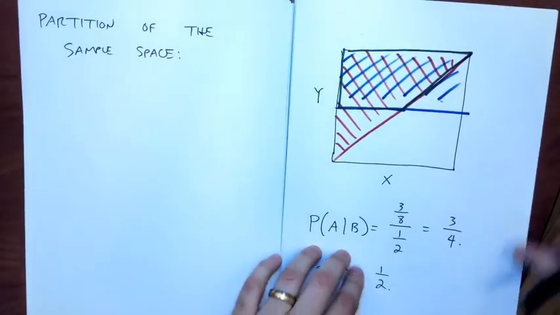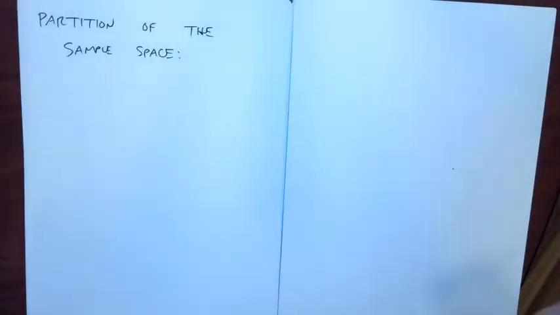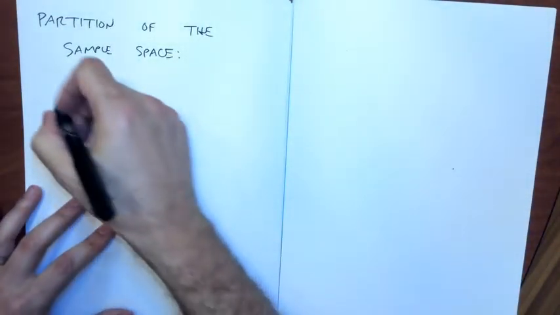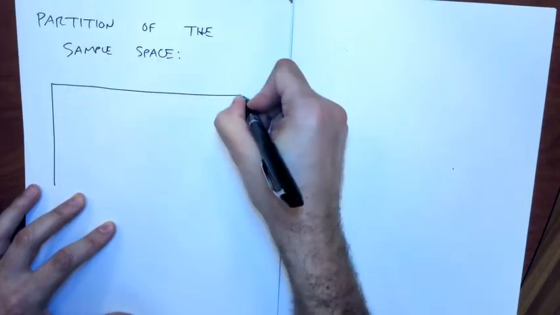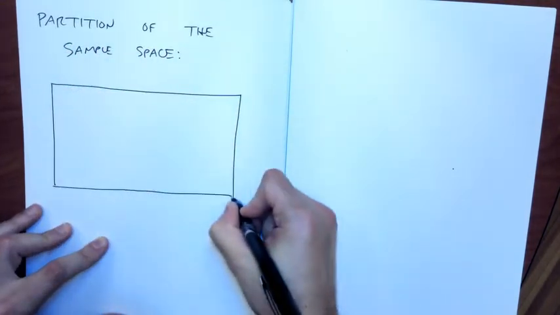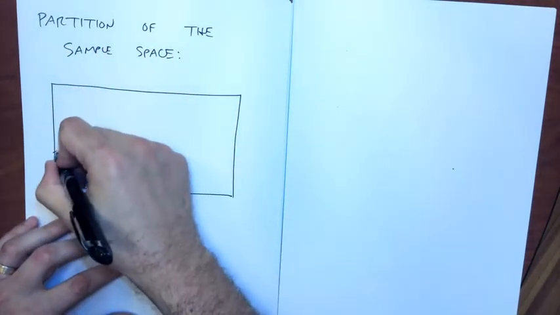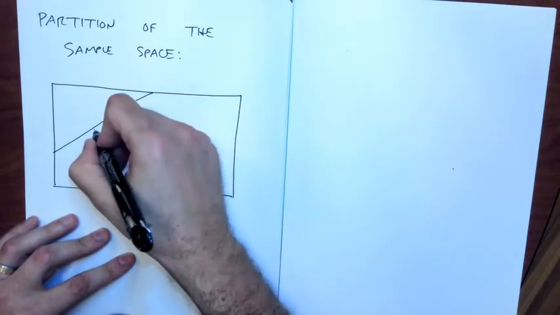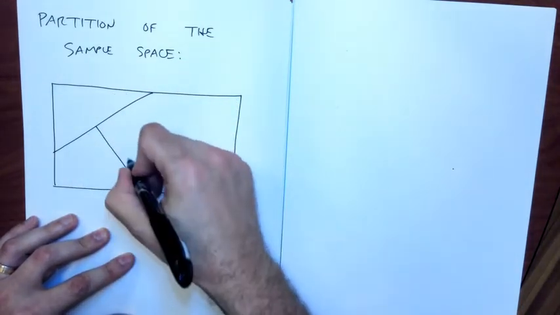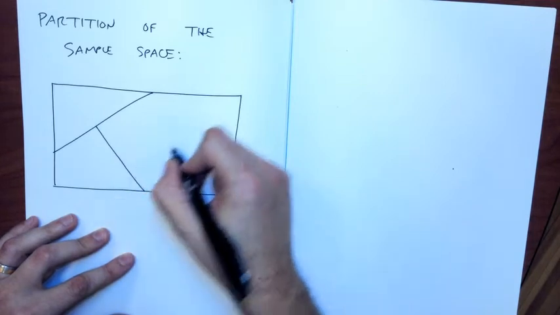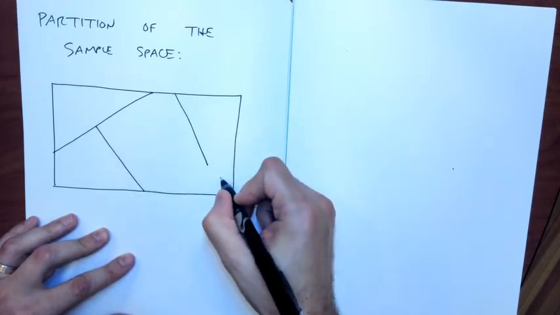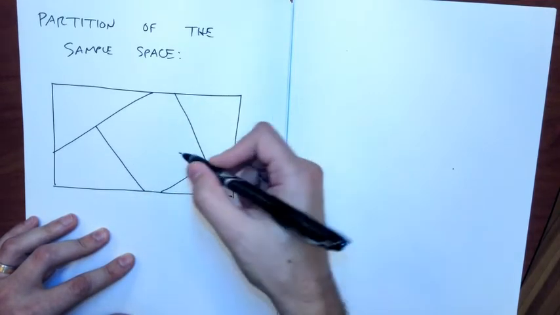First I'm going to draw the idea. So I've got my sample space, and I'm going to break it up into a whole bunch of disjoint events, events that don't overlap. Don't worry about the shapes of these things, it doesn't really matter. I'm just going to draw them haphazardly here.